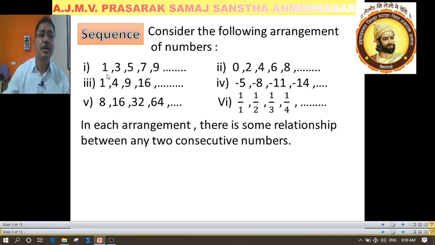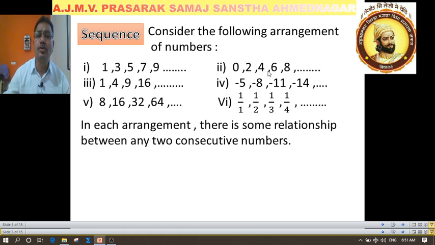See, in the first arrangement 1, 3, 5, 7, 9, if we observe, the difference between any 2 consecutive numbers is 2. So we guess the next numbers 11, 13 and so on.